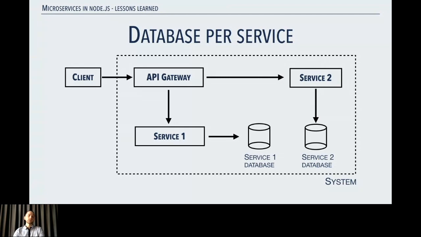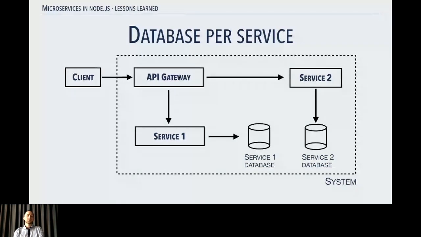For example, it scales more easily, but it's harder to write queries and harder to keep data consistency. For example, when something goes wrong in, let's say, service 2, and there is data in the local database for service 1 but not in the local database for service 2, then we need to handle that situation somehow, and it's not that easy.